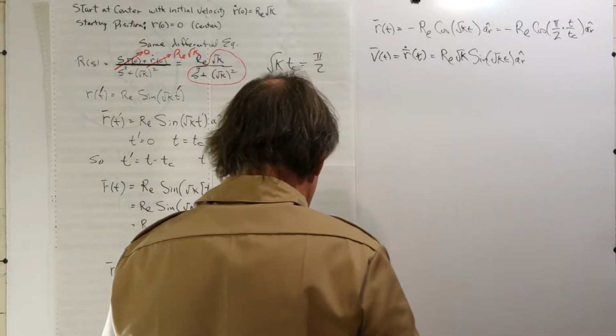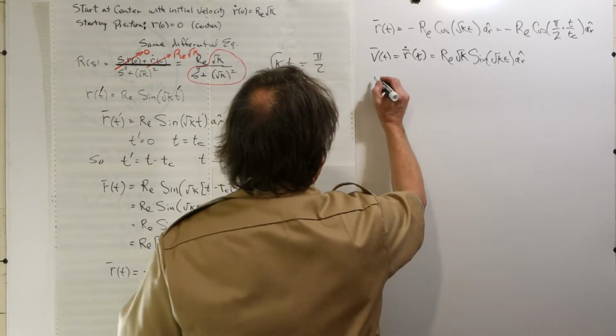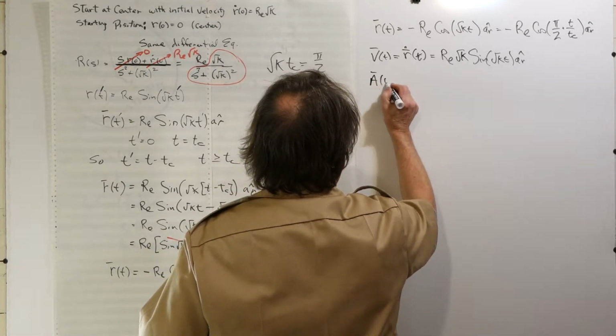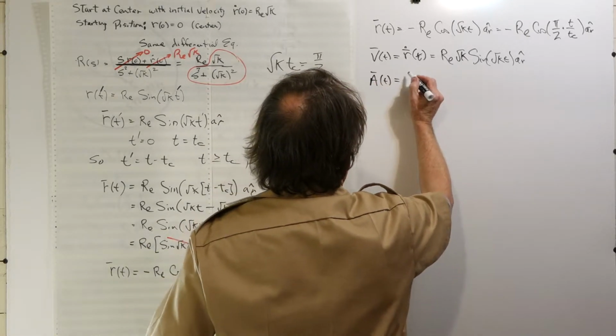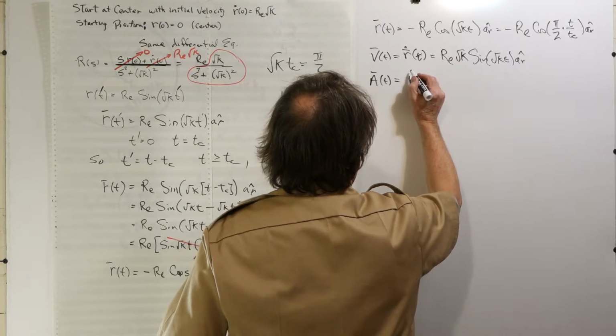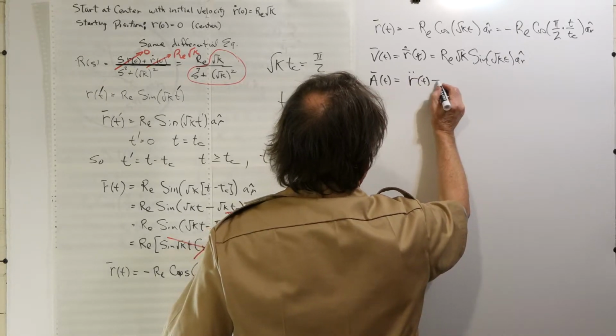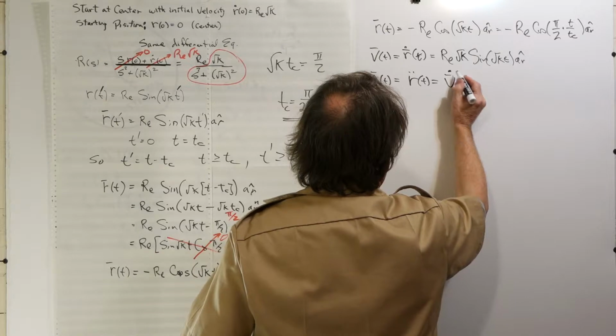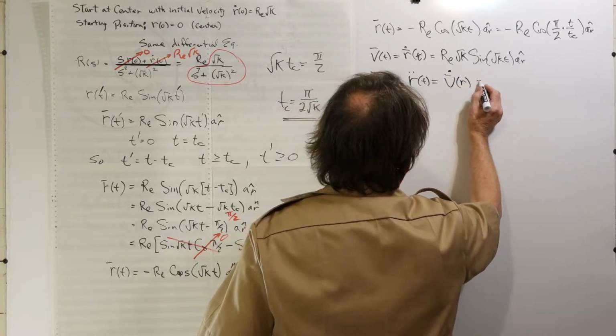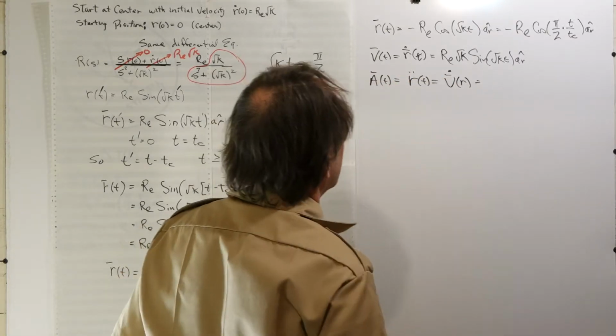Now, to find the acceleration vector, that is the second derivative of position or the first derivative of the velocity. So we can just differentiate the velocity equation.